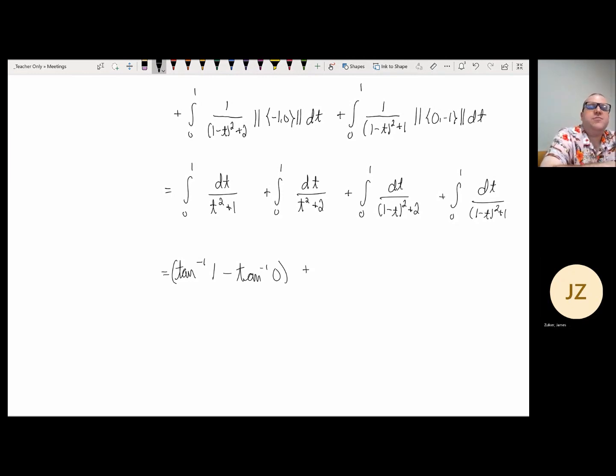Antiderivative of dt over t squared plus 2. This is why I opened up my table of integrals. It's number 16 on the table of integrals that I handed out.